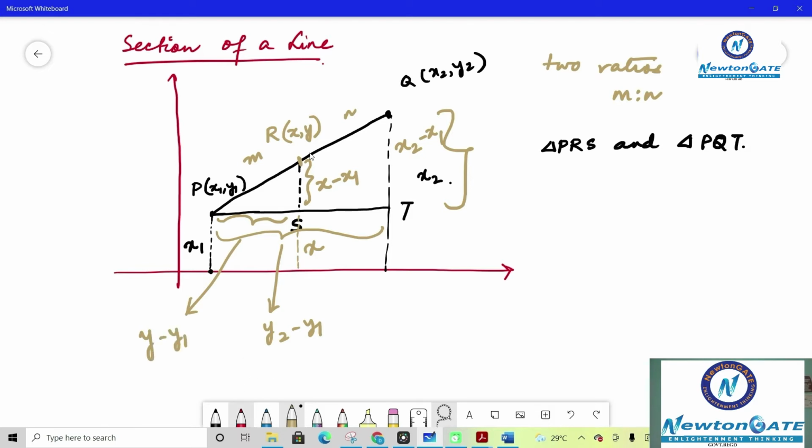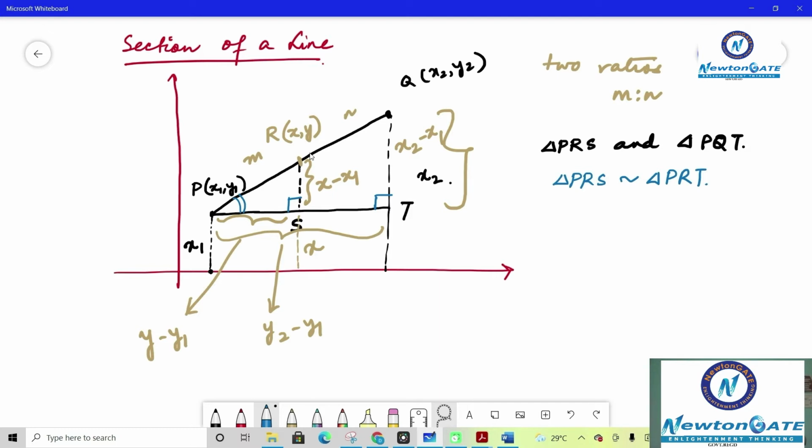Now if I take these two triangles PRS and PQT, I can very clearly see that this angle is common in both, and these are right angle triangles. So we can say that PRS is similar to PQT.